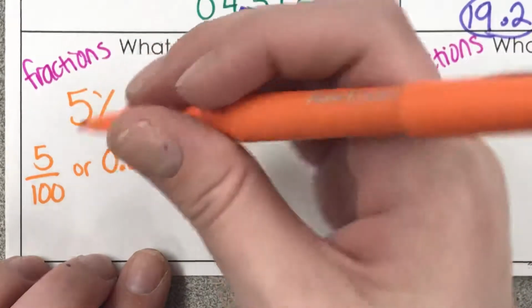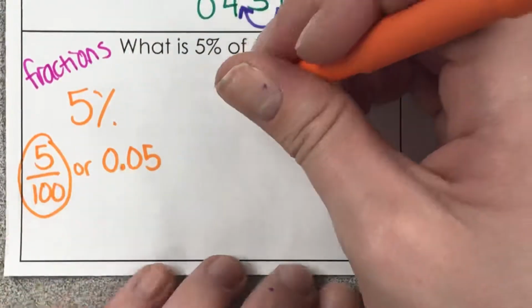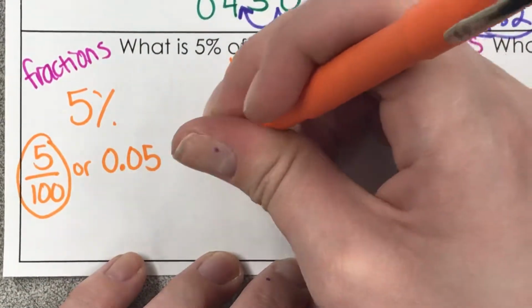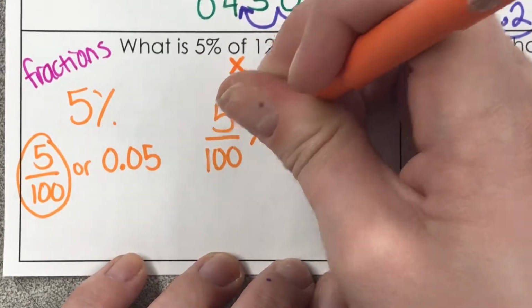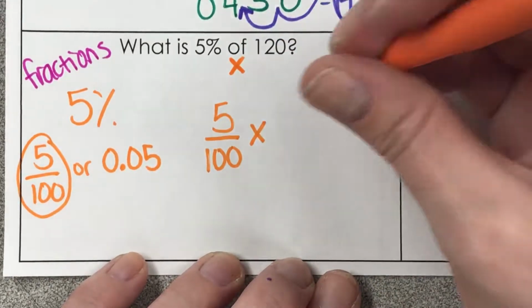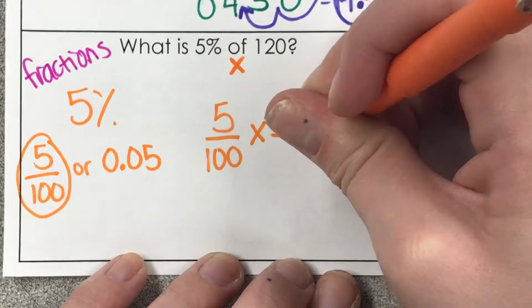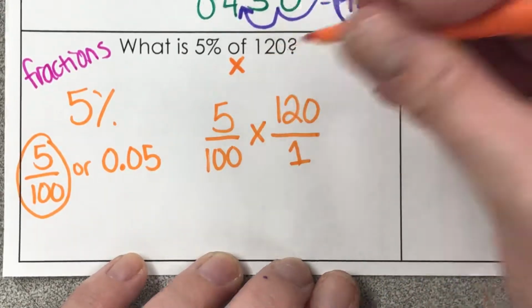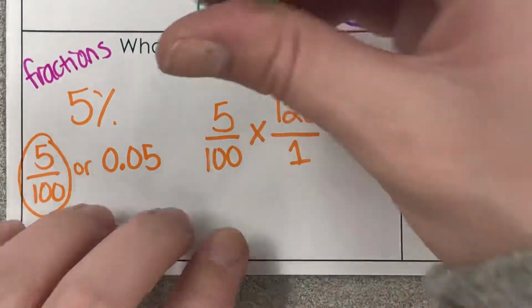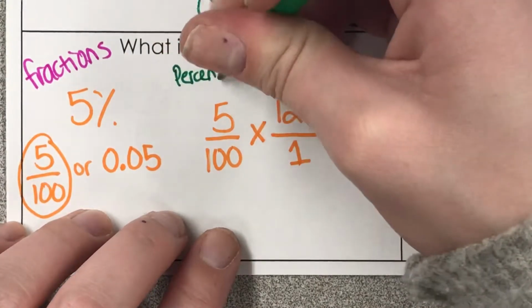So I decided I want to do the fraction. So I'm going to set it up. I have 5 over 100 of, that's times, 120 over 1 because it's a whole number. So I have my percent.